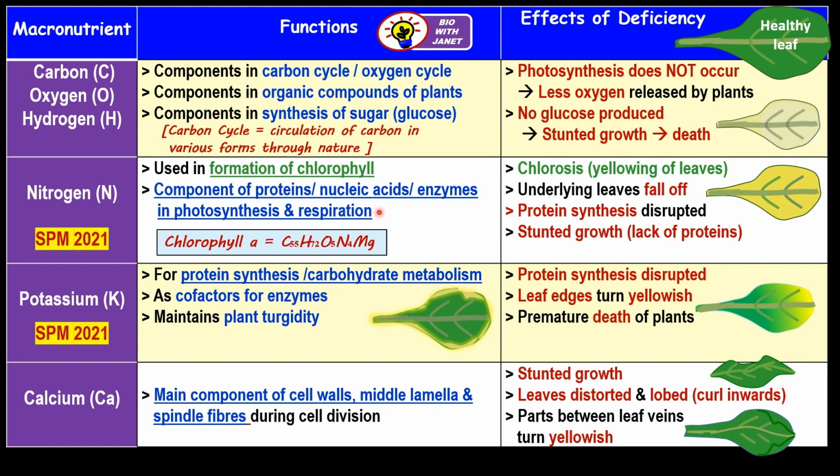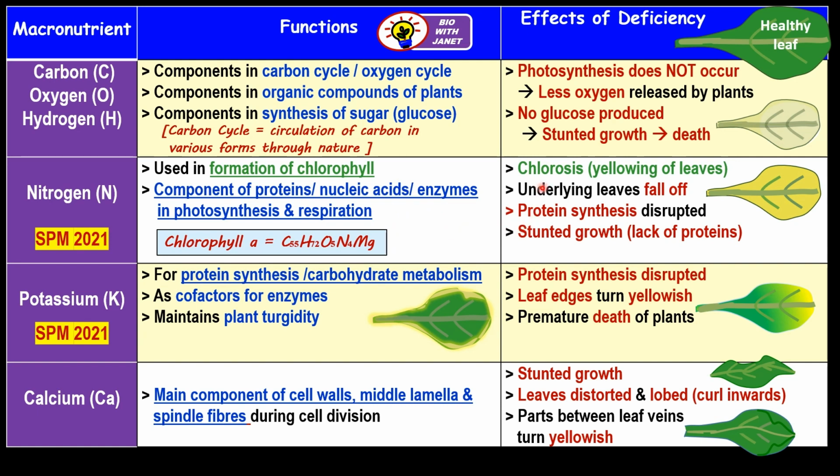So nitrogen is essential for the formation of proteins in plants and also for the formation of nucleic acids, that is DNA and RNA, which have nitrogenous bases, and also enzymes, because enzymes are proteins too, right? So they need this element nitrogen for the synthesis. Plants need nitrogen for synthesis of enzymes that are used in photosynthesis and respiration, okay?